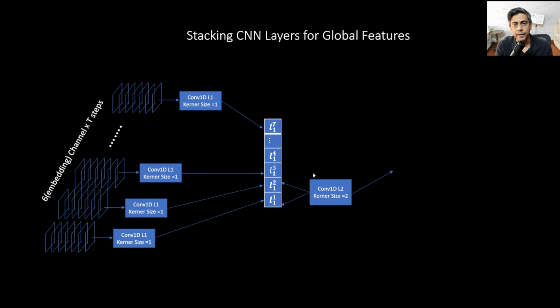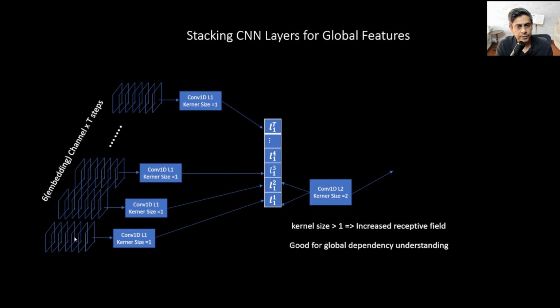In the next layer, we are now stacking one more layer of convolution. So in the next layer, we increase the size of the kernel. Here it was 1, we double it. The receptive field is now increased from 1, right? Think about this, that now we are getting a global dependency mapping also.